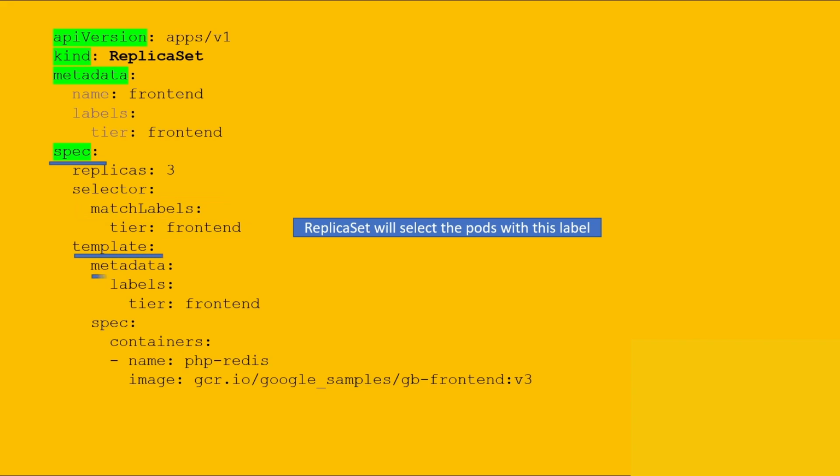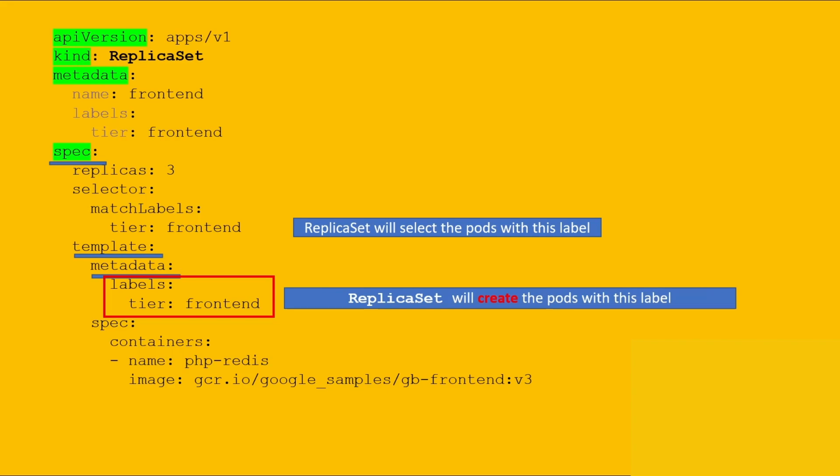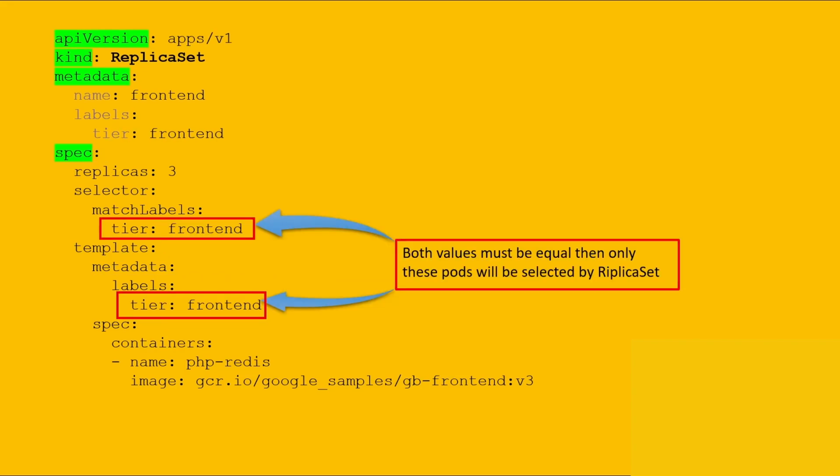Under template, we have metadata, and beneath this we have again labels. This label is for the pod. Replica set will create the pod with this label. In the cluster, if any pod is running with this label tier equal to frontend, it will add it to its list. So both values should be equal, then only these pods will be selected by replica set.